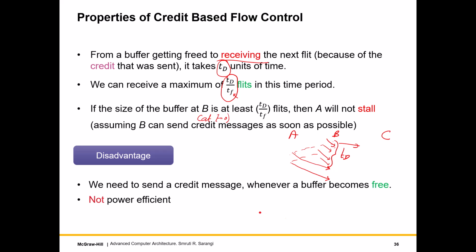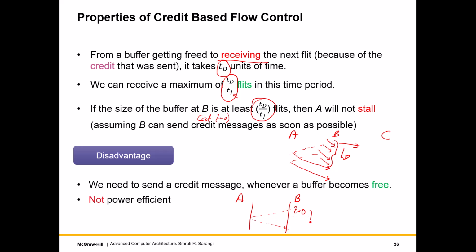Before we proceed further, let us look at the TD by TF factor once again. Assume again we have A and B and their respective timelines. Let's say at t equal to 0, B transmits a flit, which means that a free buffer is created, then the credit is sent, and over time a flit is sent in response to this free buffer and the credit that was sent.